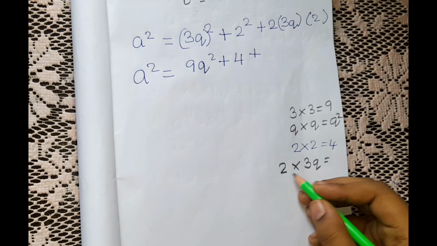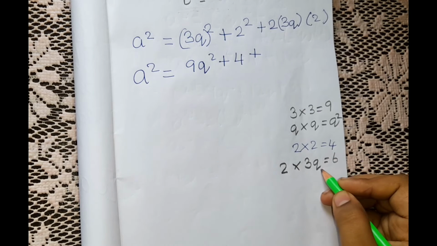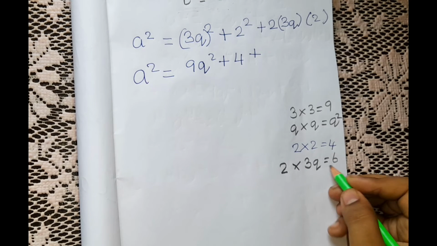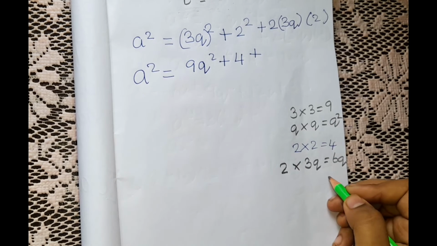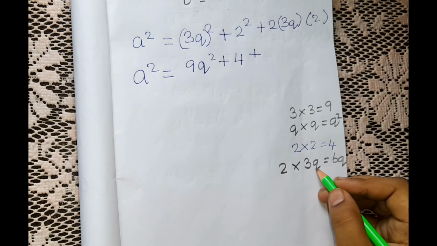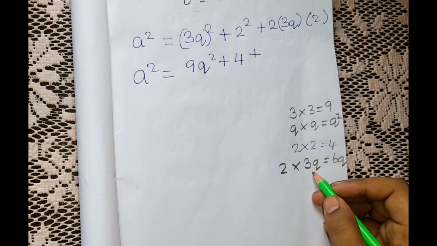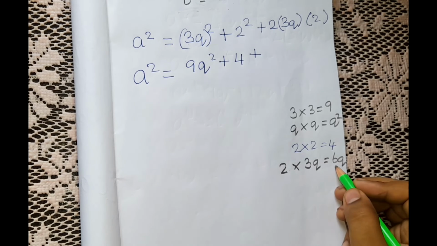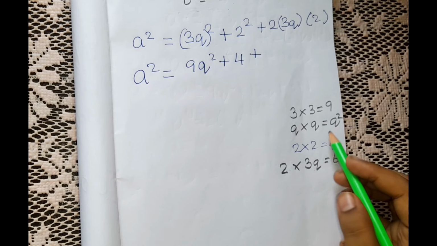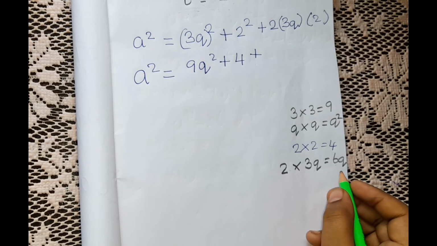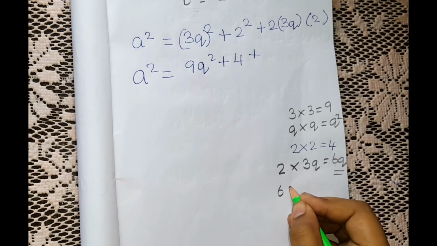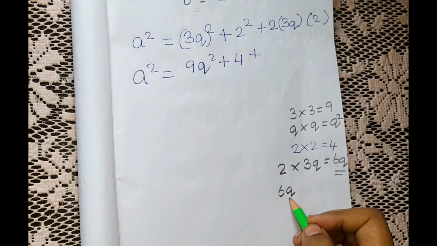So here 3 2s are 6, and here we have only one Q. That means we should write Q. If it is 2Q, here one Q, here one Q means it is 6Q square. But here we have only one Q, so 3 2s are 6 and Q as it is. And then now let's write, we got the answer 6Q. Let's write it here. So we got 6Q.